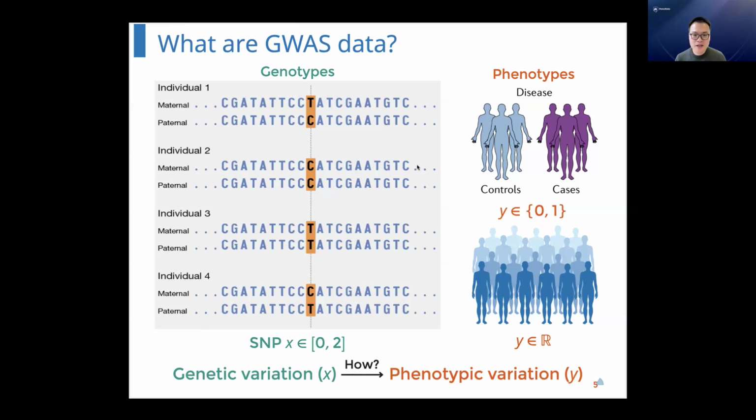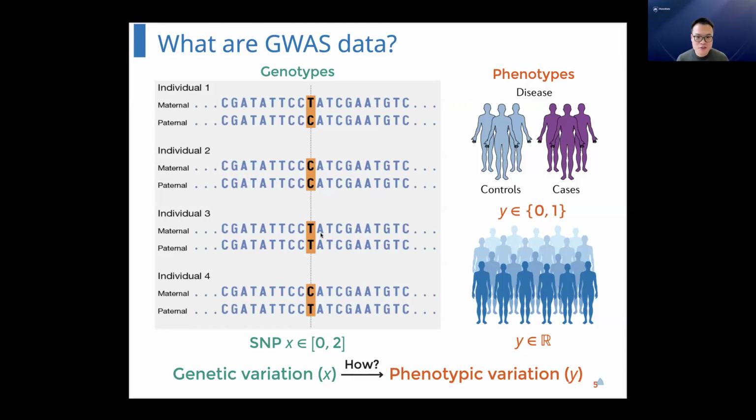For the phenotype data, it's data about some kind of characteristics of human beings. It can be some binary data indicating whether that individual has certain disease or not, or it can be some continuous measurement indicating, let's say, body mass index for obesity or blood lipid level for cardiovascular risk.